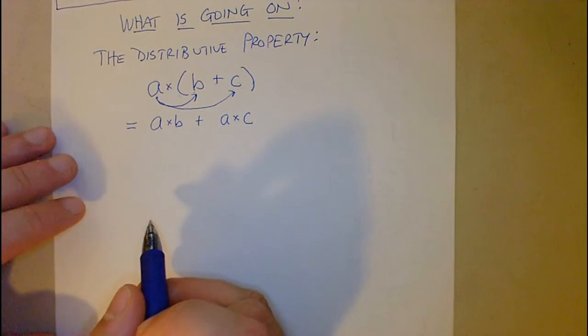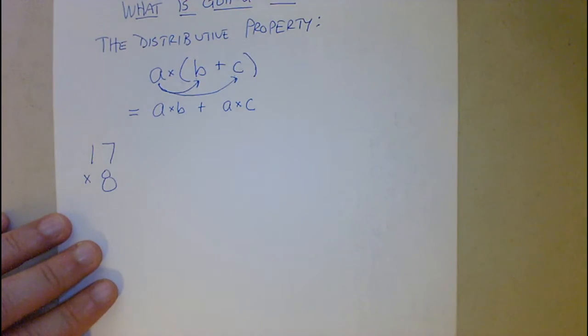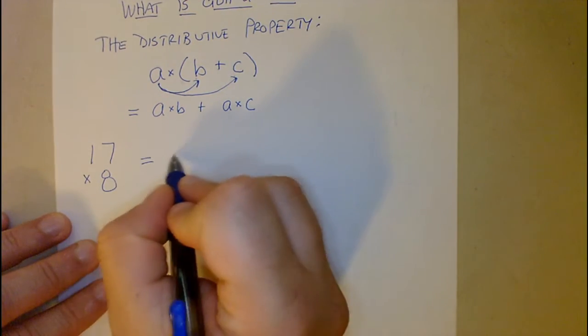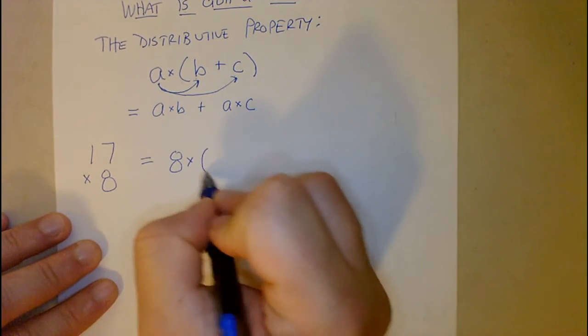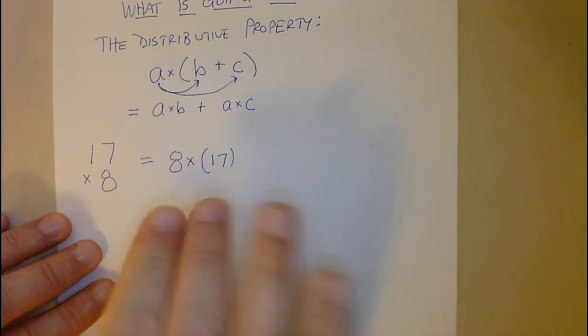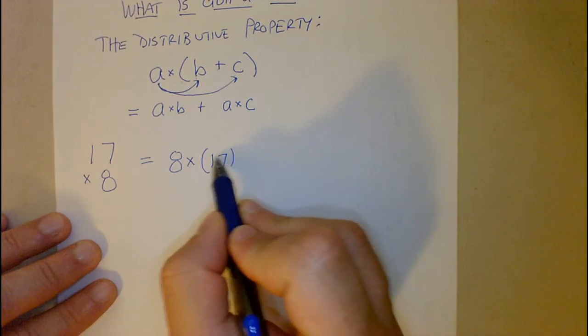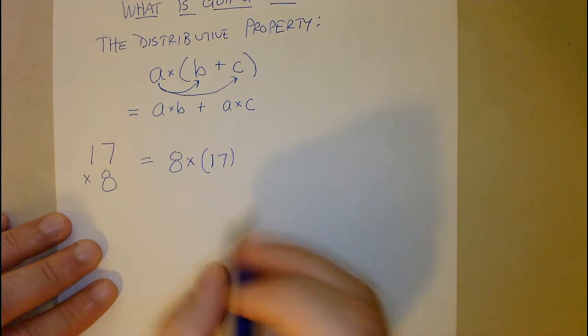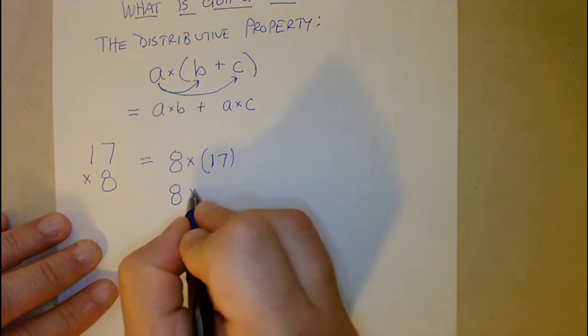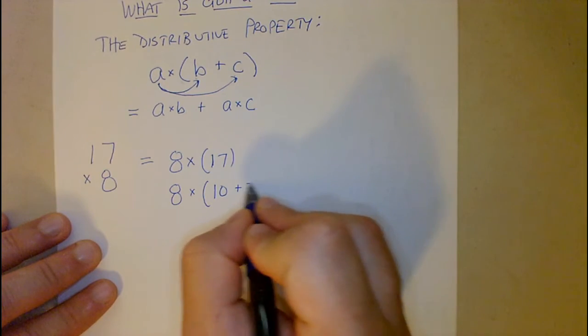Now, if you think back to the first example that I did, we had 17 times 8. All right? Now, I can write this as 8 times 17. Of course, we could write it in a row, not a column. And in elementary school, we learned how to break apart numbers like this. The number 17, that's really 8 times 10 plus 7.